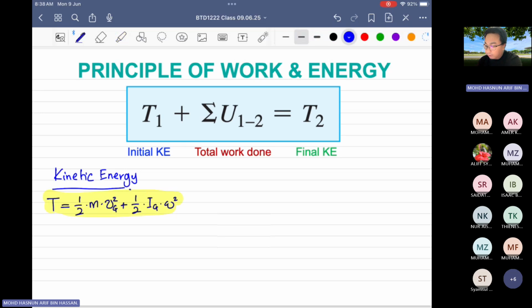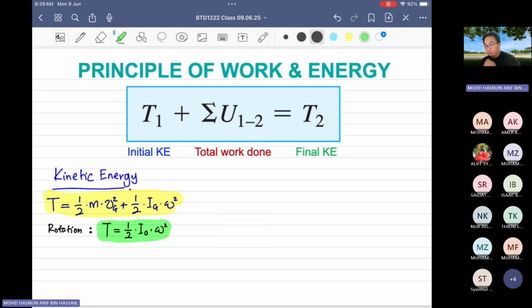If we have rotation only, we can simplify the equation and calculate the kinetic energy about the center of rotation, the fixed point, which is point O. So we can use the equation T is equal to 1 over 2 times IO times omega square. This is no longer Ig. This can only be used for the case of rotation.